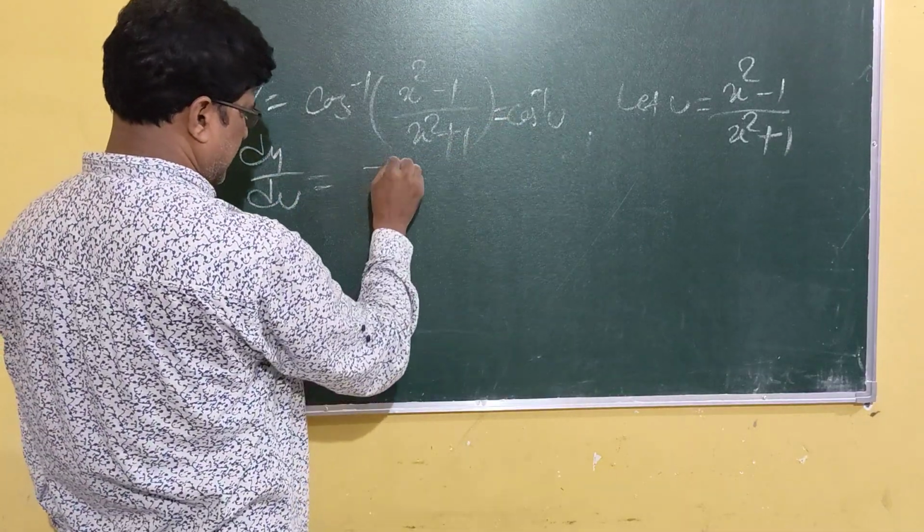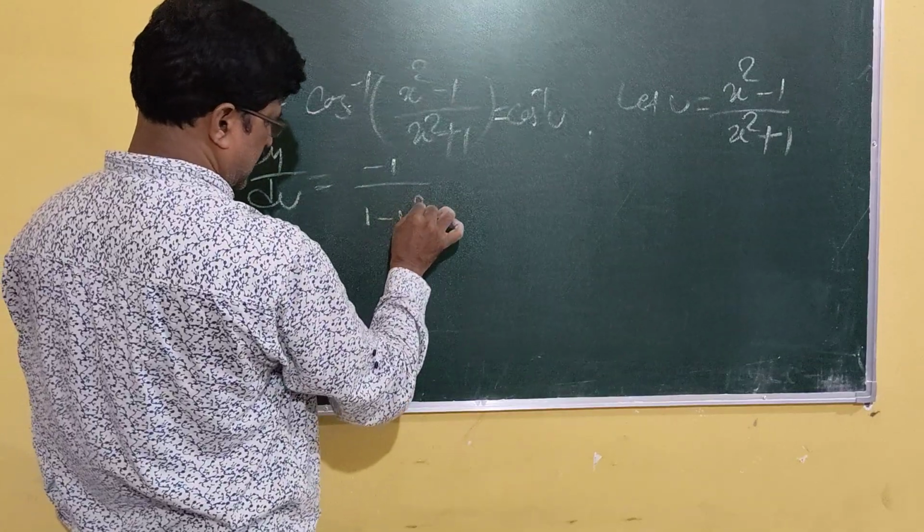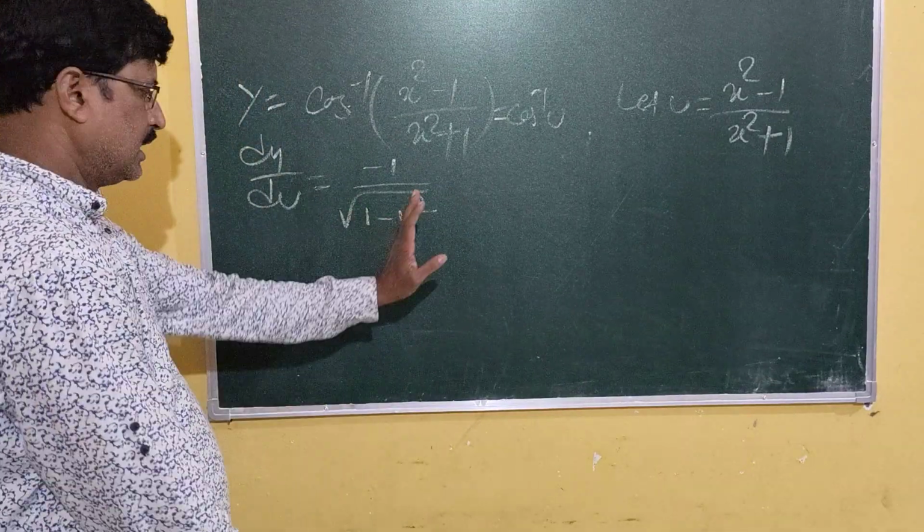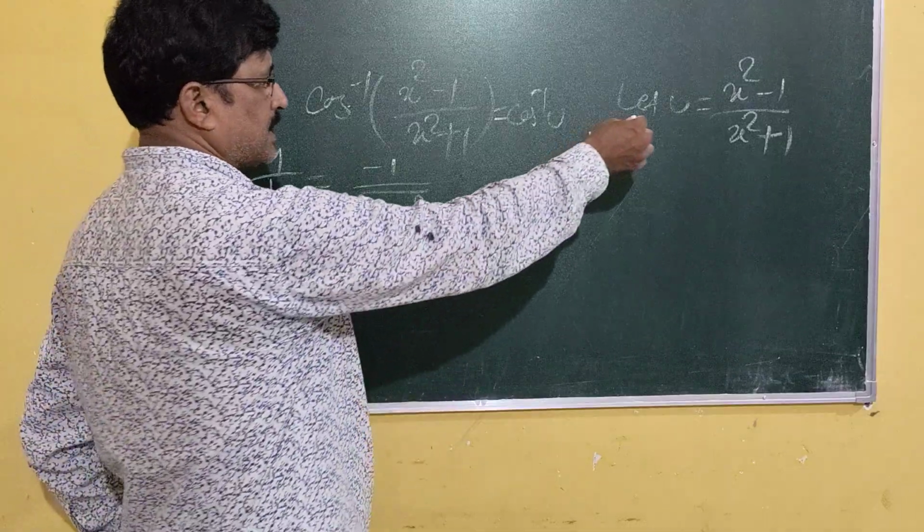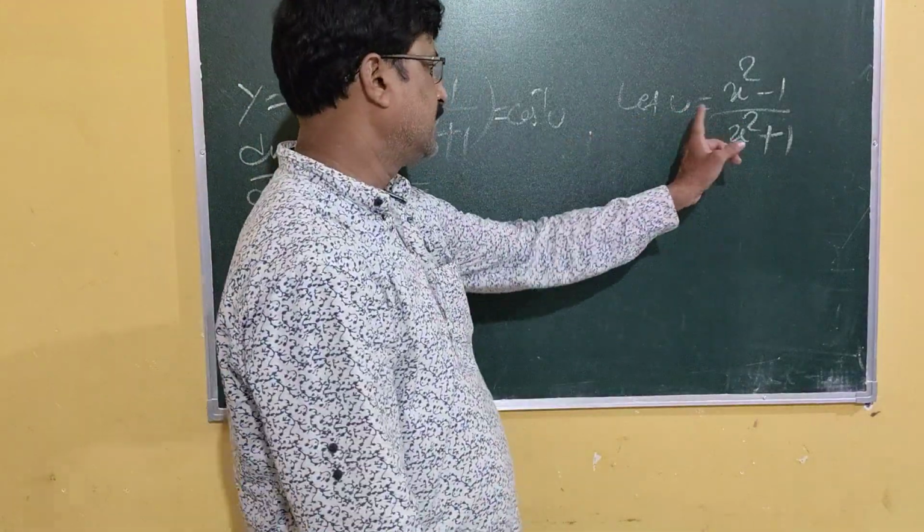What is this? Minus 1 by root over 1 minus u square. Keep this, we will solve it later. First, we can find du by dx.